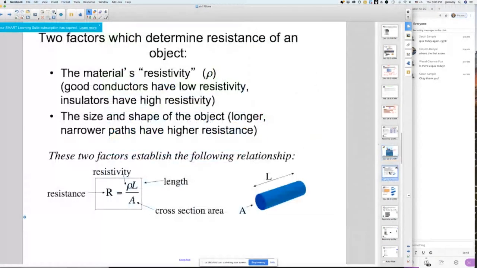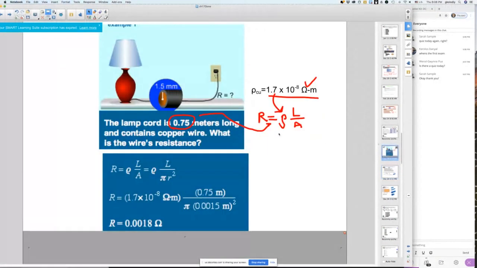So this is where we left off last time, about using the formula which I have written over here to calculate the resistance of a piece of wire. The resistance that a piece of wire provides to the flow of electricity, in other words, how much it slows electricity down, depends on what the wire is made out of, like for example copper.